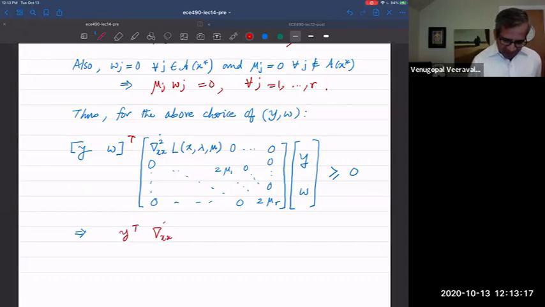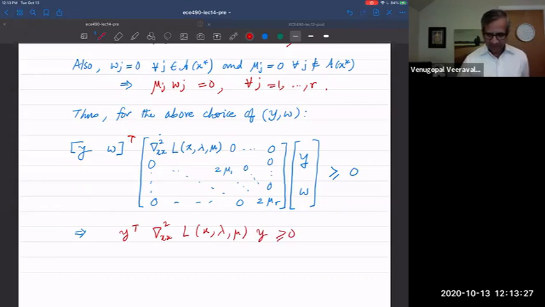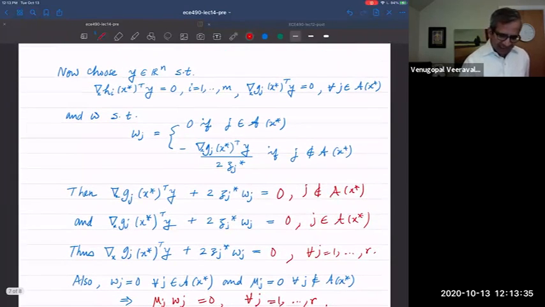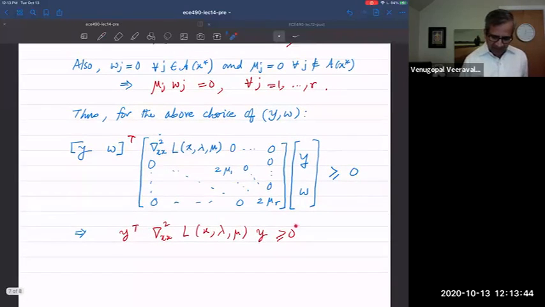Now it's only the Hessian involving the x variables, of the function L that only involves the x variable. So what we have really shown now is that as long as this condition holds, that only involves the x variables, this has to be non-negative.